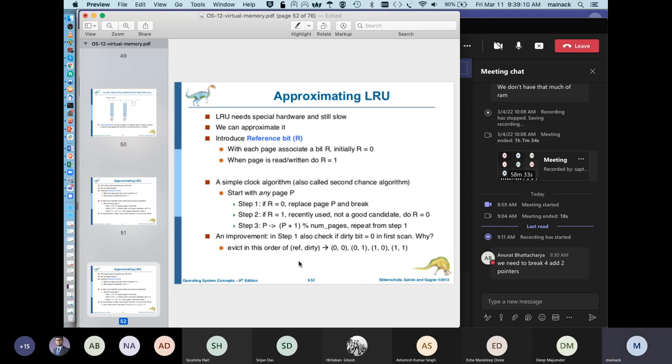If both reference bit is 0 and dirty bit is 0, which means no process accessed the page in the near past, and there is no change in the page. Take that. No one has used it, and there are no modifications ever in that page. So you can just discard it. It's the fastest. Then you can consider 0, 1, which means the reference bit is 0: no one has accessed it in the recent past.